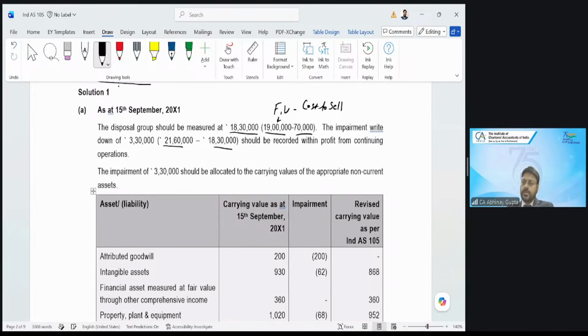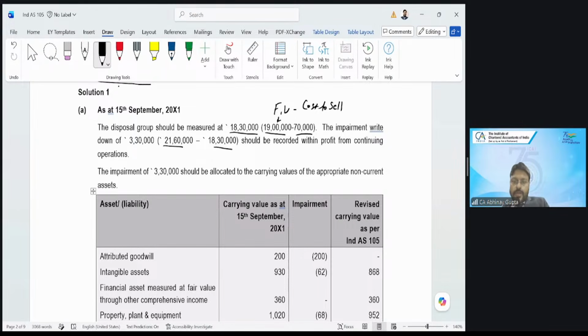And because the carrying amount is 2160, which is also given in the question, 2160 minus 1830 would be the 330. That would basically be the impairment which we need to record in the P&L.